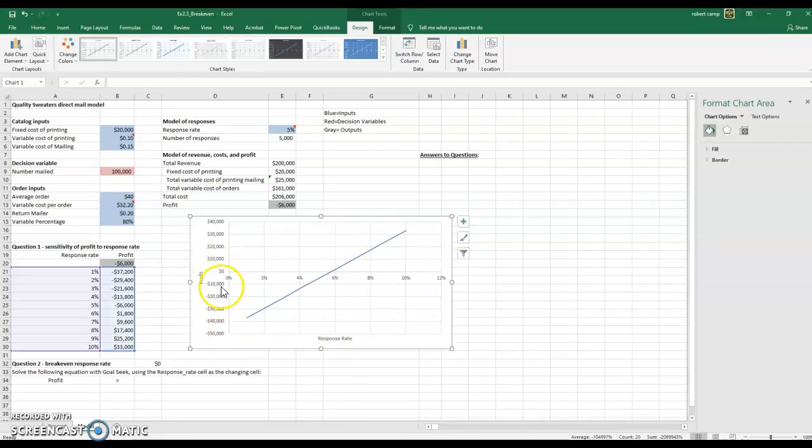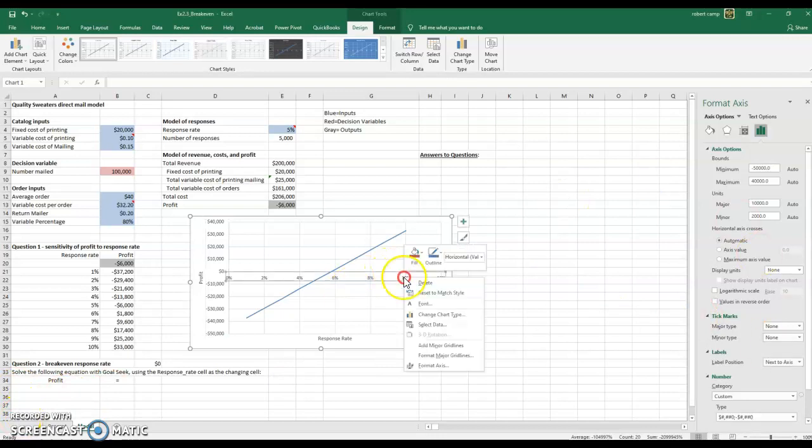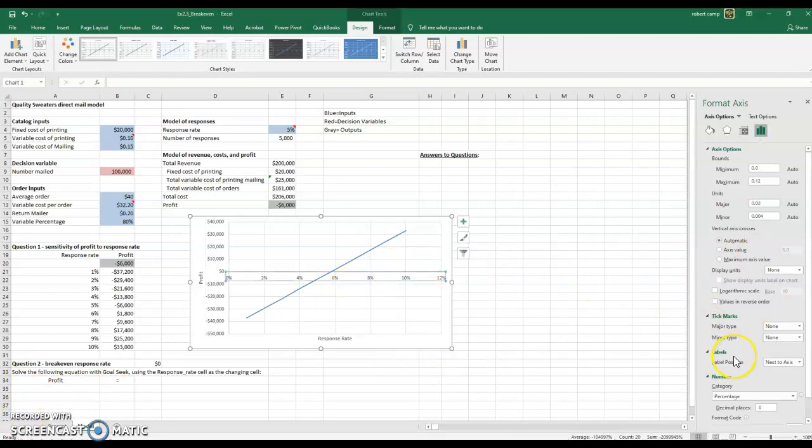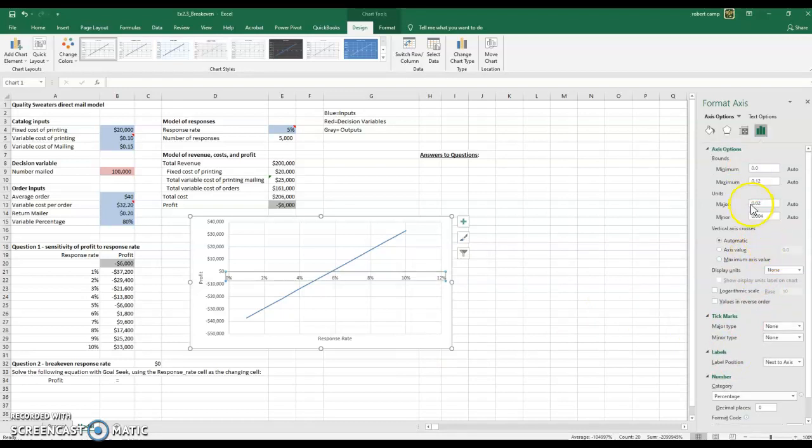And actually, one other thing that we could do is format axis, and then we can set it to, let's see, I want to grab where the cross value is. Actually, I think I grabbed the wrong one because I want to get the horizontal format axis, label position, maximum, vertical axis cross.